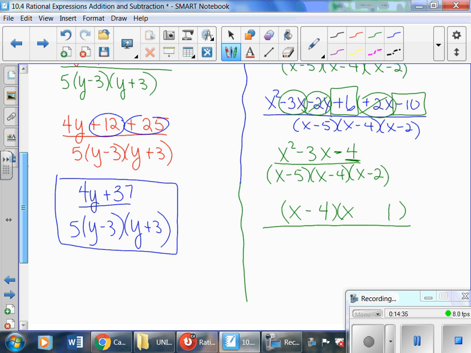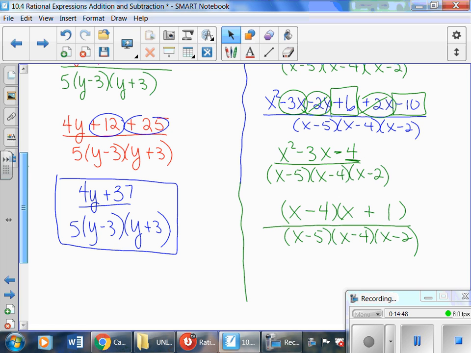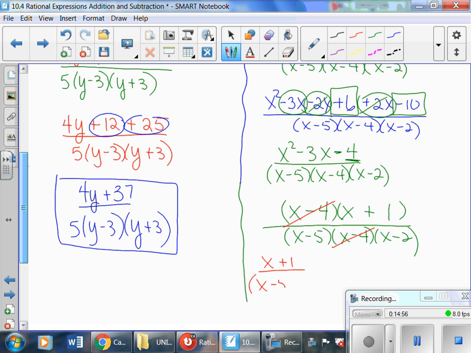And I know the negative has to be with the 4, so I get a negative 3. And if we did this right, which I think we did, x minus 4, x minus 2. Now we can do one final simplification by eliminating our x minus 4s, and our final answer will be x plus 1 over x minus 5 times x minus 2.